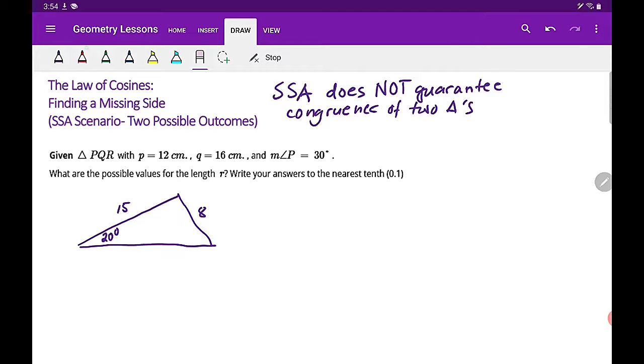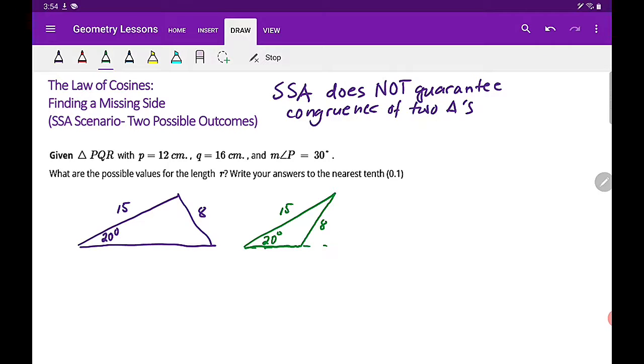That means I can have another triangle. Let's say this is 15. I have an angle here that's also 20 degrees, but I can have my 8 go that way instead of the other way. So my triangle looks like this.